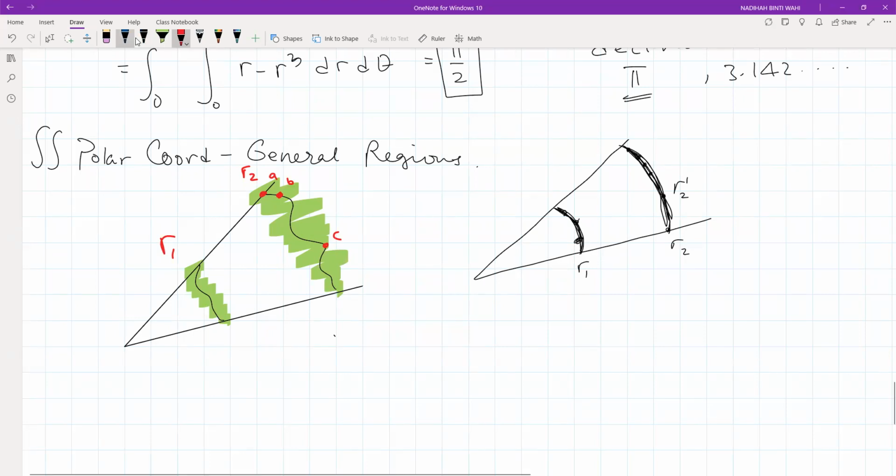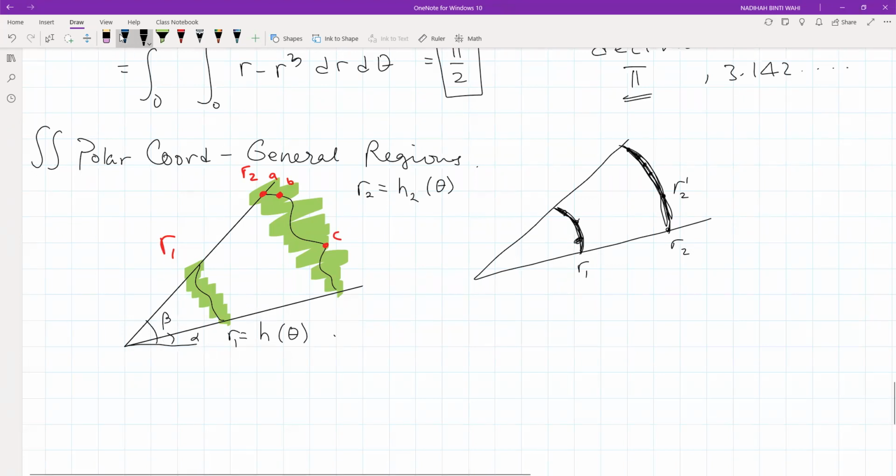So therefore, in this case, R2 is a function H2 of theta, and R1 is a function H1 of theta. The same thing for theta: theta goes from alpha to beta.